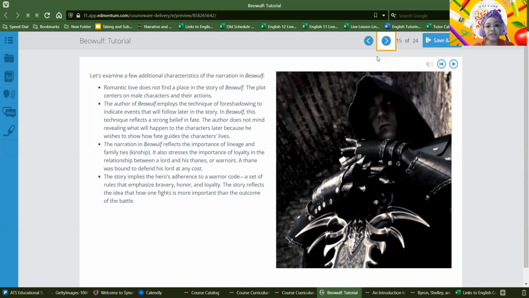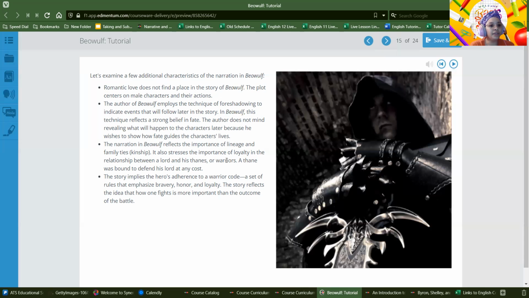So basically a thane is a warrior. They explain it over here, thanes or warriors. And a thane was bound to defend the lord at any cost. It's the sort of thing you think about with King Arthur and the knights, a similar thing here, but a little different because this is an older version of it. But you were expected to defend your lord at any cost.